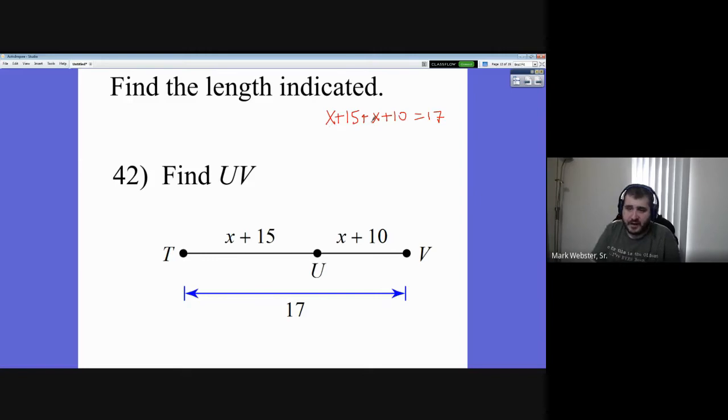We've got x and x, so that's 2x. 15 and 10 is 25. 17. You can subtract. Get -8.